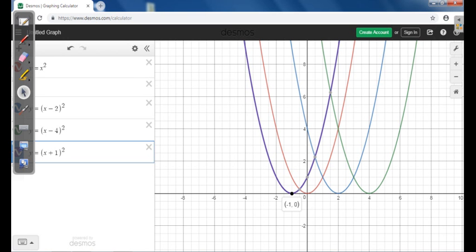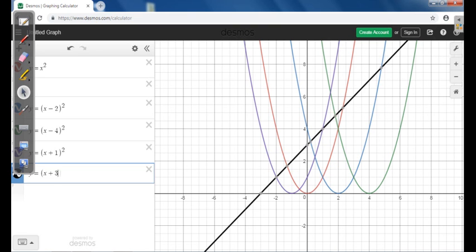Now look at your vertex. This is -1, 0. This is 2, 0. This is 4, 0. So that h value is affecting what part of the vertex? Is it affecting the x part or the y part? The x. Okay? So if I do the next one, which is y equals x plus 3 squared, where do you think the vertex is going to be?